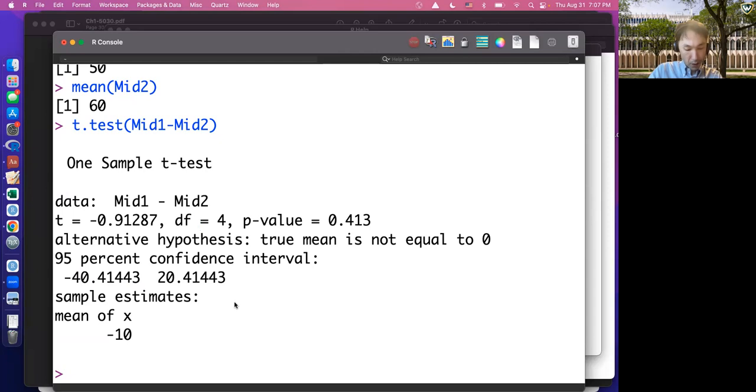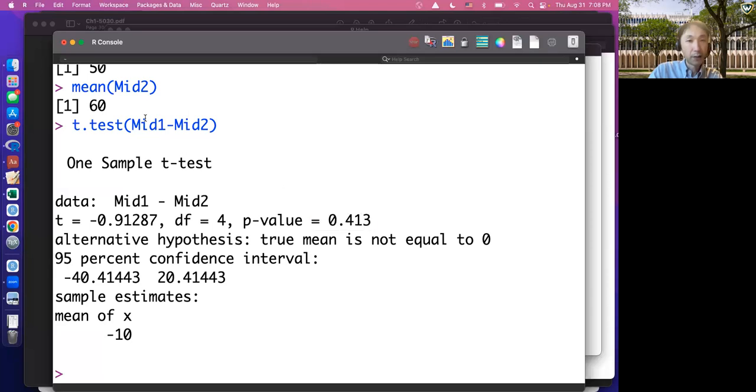This means that the test statistic follows a t-distribution with degrees of freedom 4. The t-statistic is negative 0.91, and the p-value is 0.413.